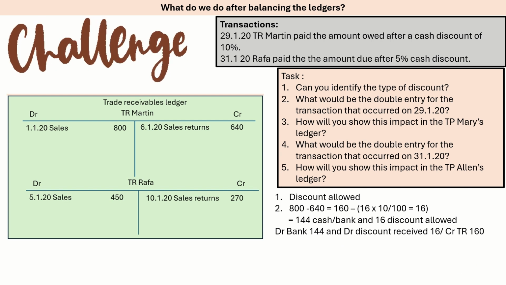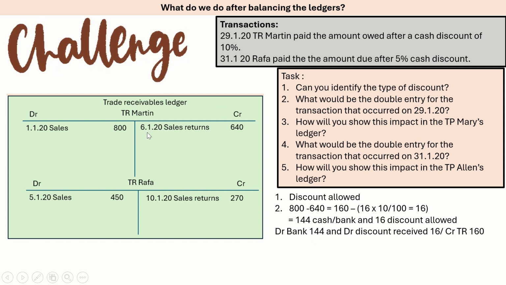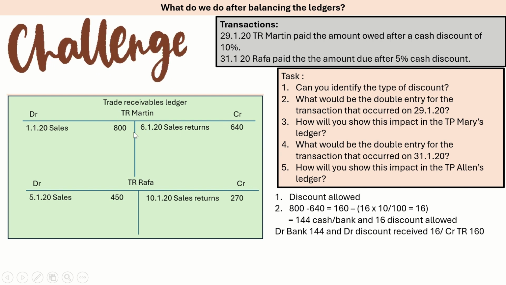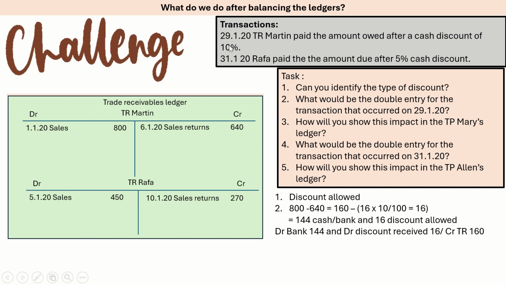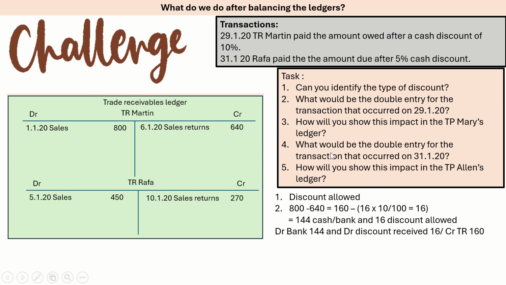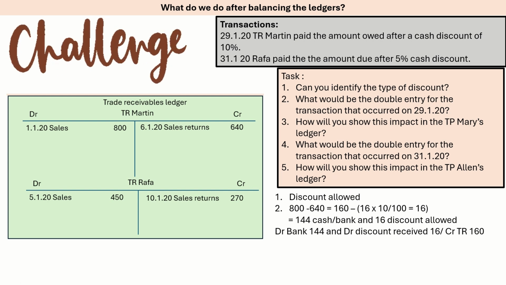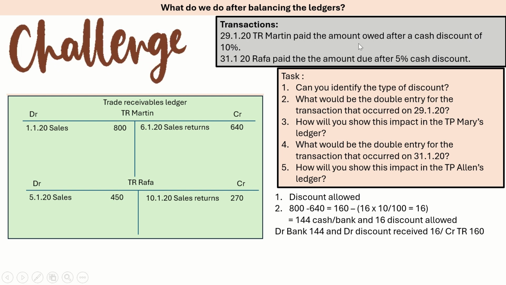As you can see here, you observe TR Martin's account, 800 sales, 640 is the sales return. Therefore, the difference between these two figures is 160. For this amount owing, 160, you're allowing a discount of 10%. Therefore, how much do you think TR Martin will pay you?